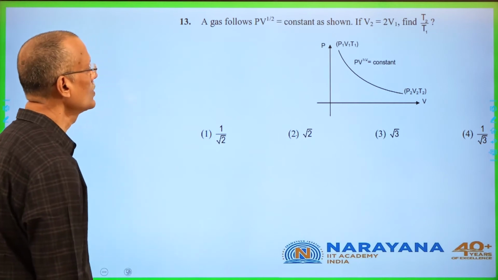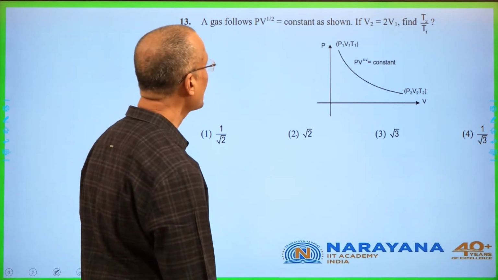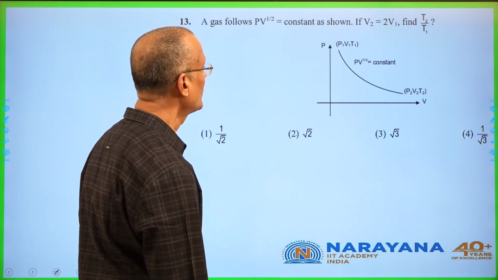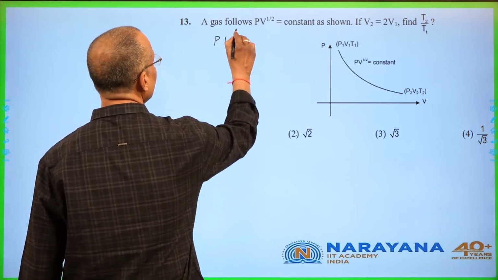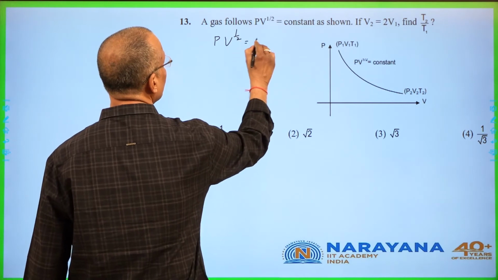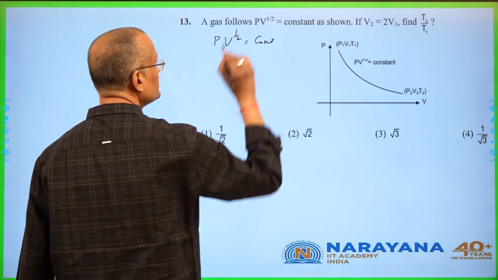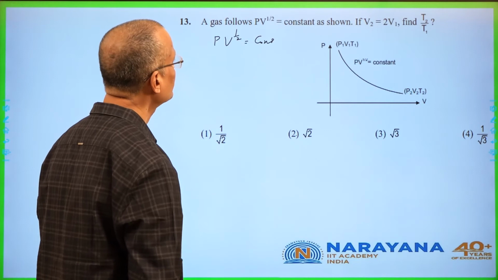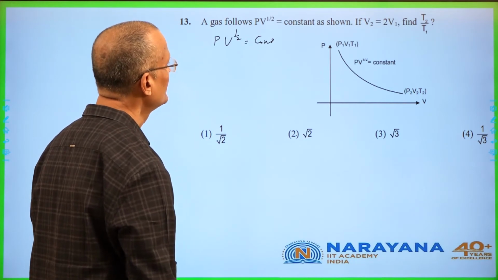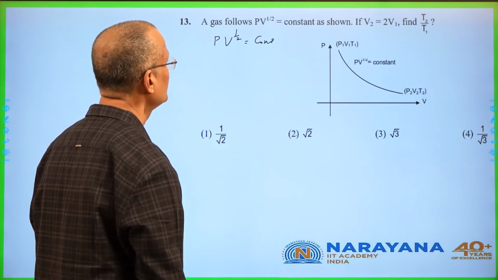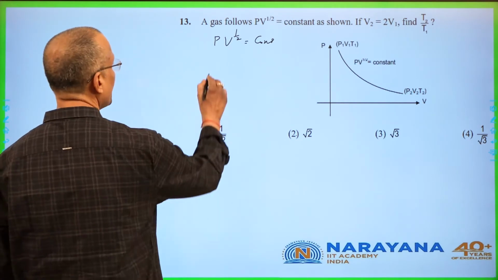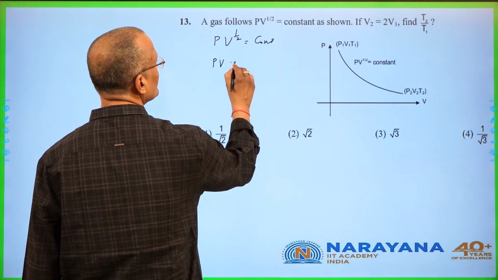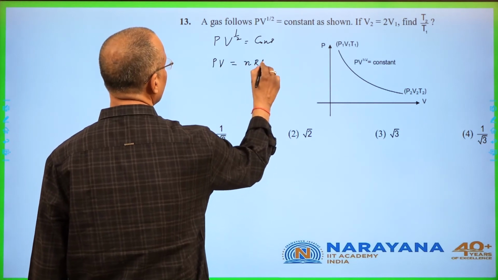A gas follows PV power half equals constant. They are asking you the ratio of T2 and T1 when V2 is 2V1. You know that PV equals nRT.